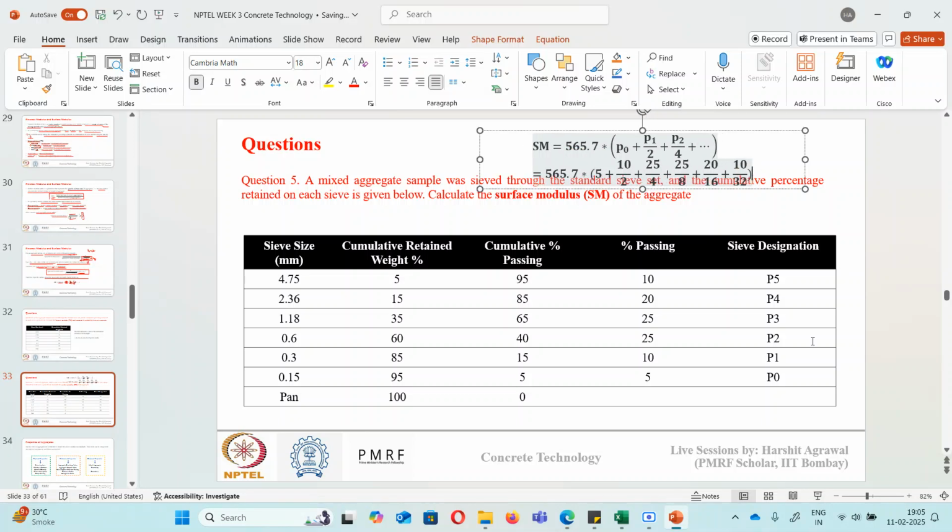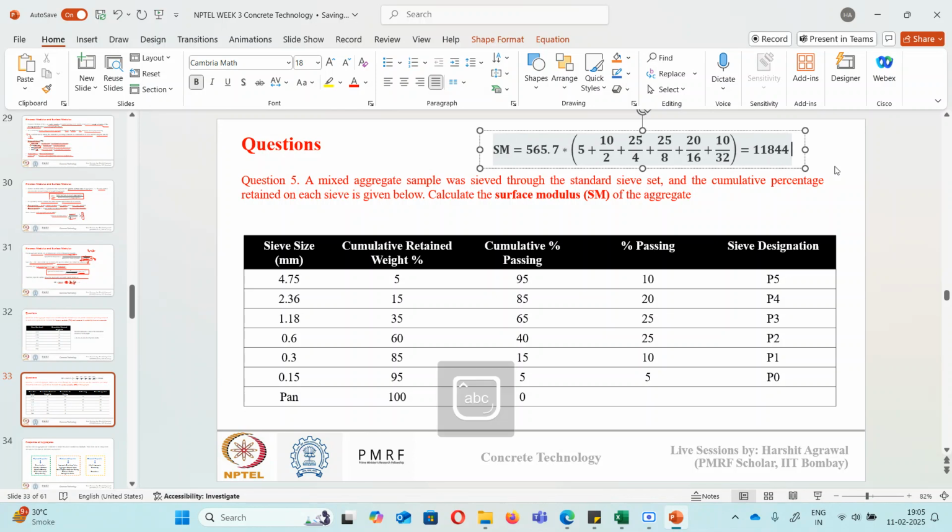So this is how I will write this equation. And this value of specific surface area, when you multiply, will come out to 11844 per centimeter. This will be your specific surface area.